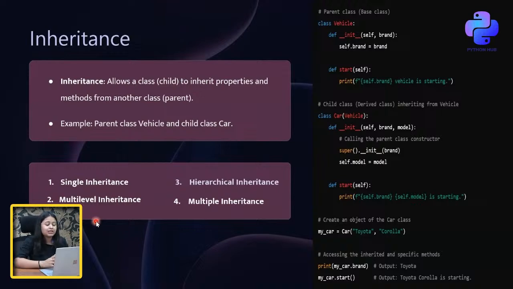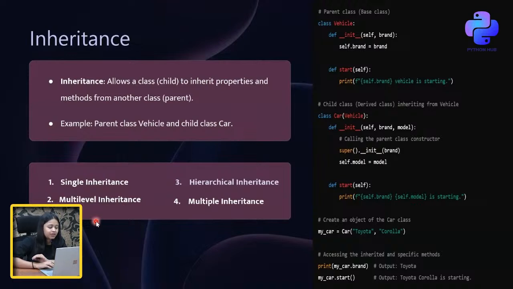The other one we have over here is multi-level inheritance. What is multi-level inheritance? A class inherits from a class that has already been inherited from another class. This might be a little confusing, so I'll repeat it: it is a class which inherits from a class that has already been inherited from another class.